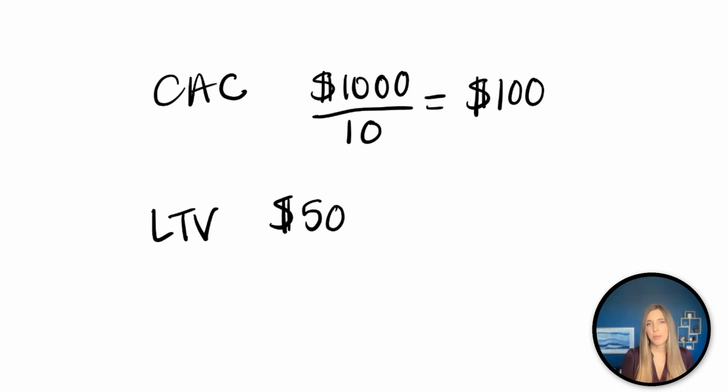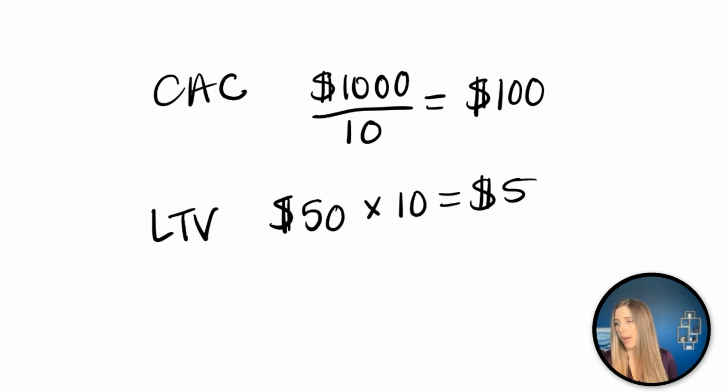Now, I know some of you have annual pricing and various pricing models. You can just do an average to get your average monthly cost. So let's assume that your average monthly price for your membership is $50 and the average member stays for 10 months. So that would be 50 times 10, which gives us a $500 LTV.